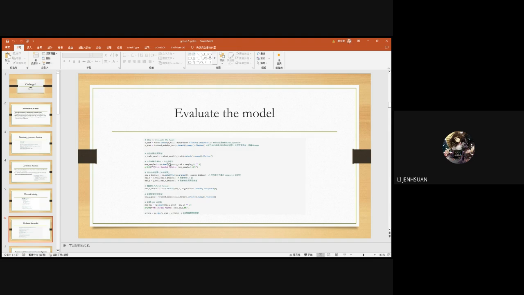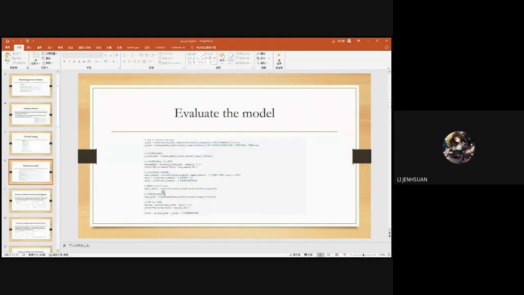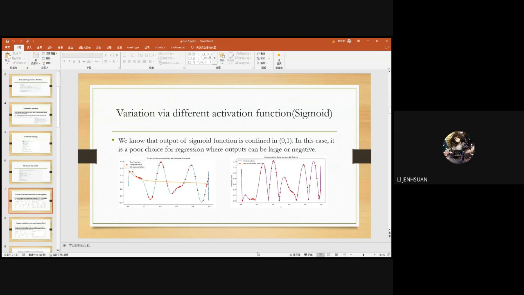So we finished calculating MSE here, and also finished plotting in the next part. So the fitting function is finished in this part. Okay, so the next part is for another group member.